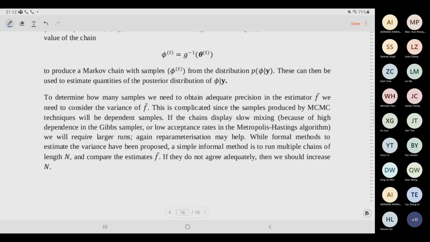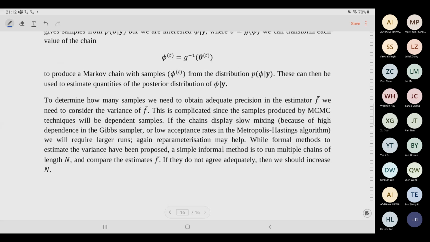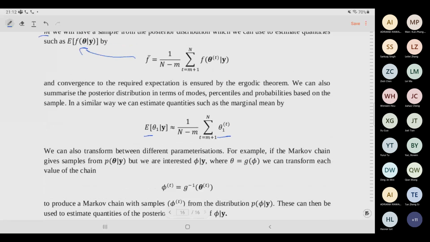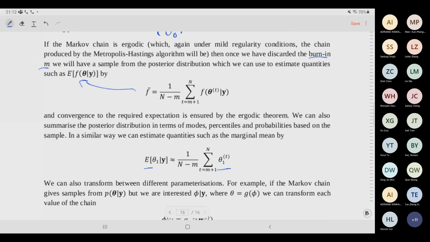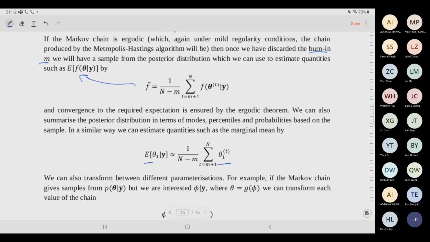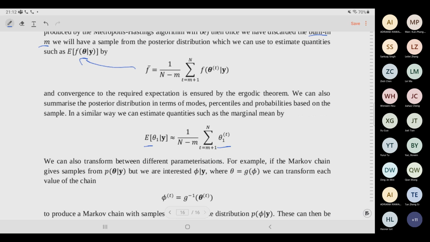Sorry, time. The end part here is quite theoretical, but I think the aim here is that after we get the sample, we can use it empirically. You can get an estimate by finding the average of it, or you can find the percentile or probabilities based on the sample.